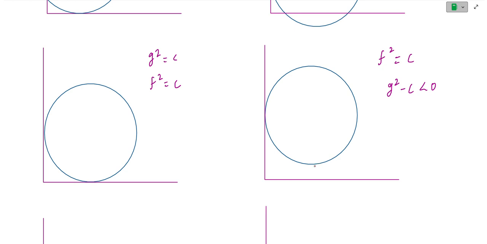Because the x-intercept formula is 2 times under root g square minus c, with the expression g square minus c inside the square root. If it is negative, it will become imaginary. So there is no intercept. Saying no intercept means g square minus c value is negative.